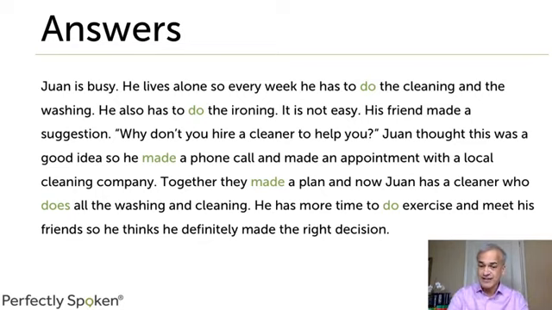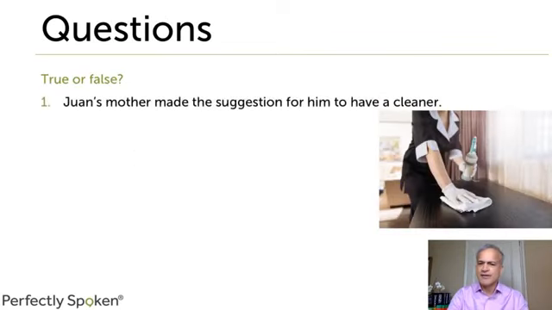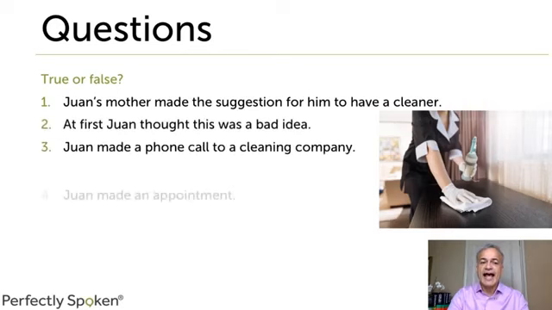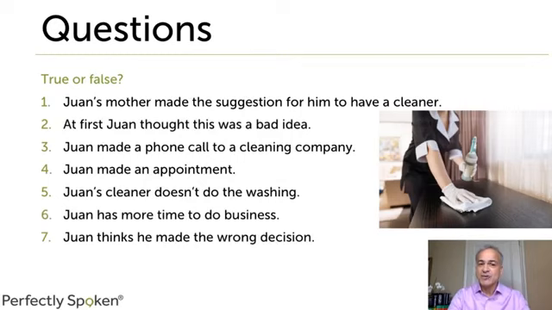Okay, all correct? So now, true or false? Number 1, Juan's mother made the suggestion for him to have a cleaner. Number 2, at first, Juan thought this was a bad idea.